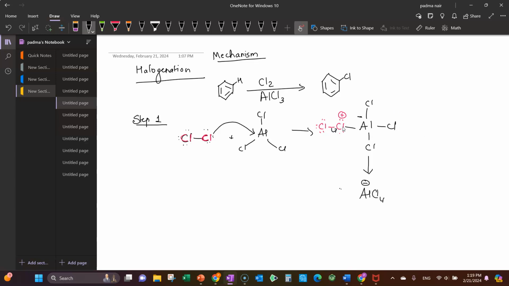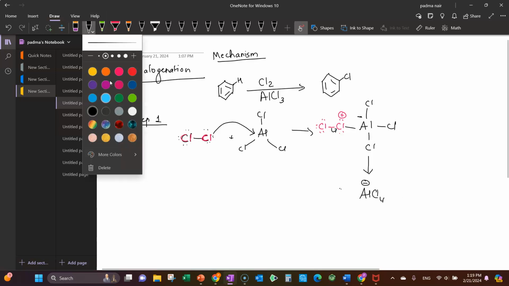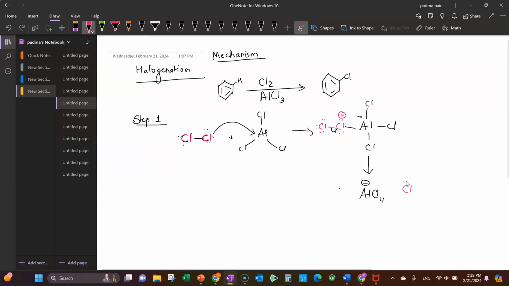These electrons are pulled by the chlorine, and we result in an electrophile which can be drawn like this. Right? So this electrophile is the one that would be reacting with benzene in the next step. Okay? So this electrophile that we obtained from the previous step.